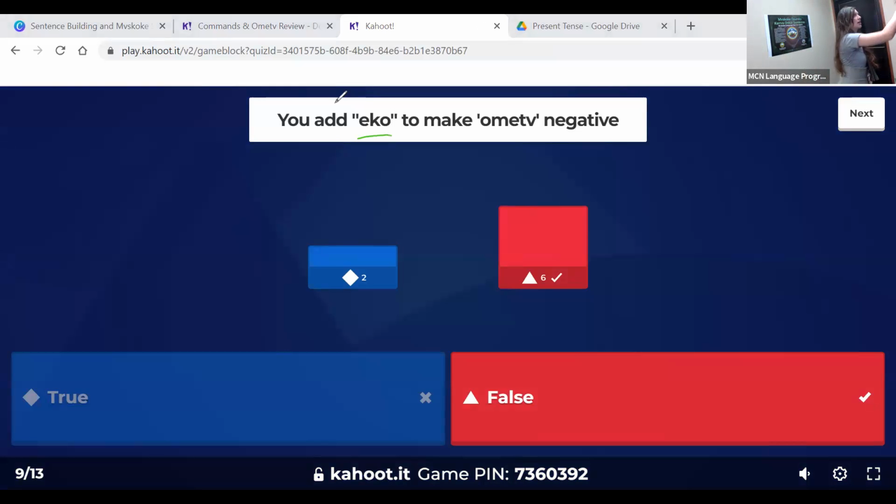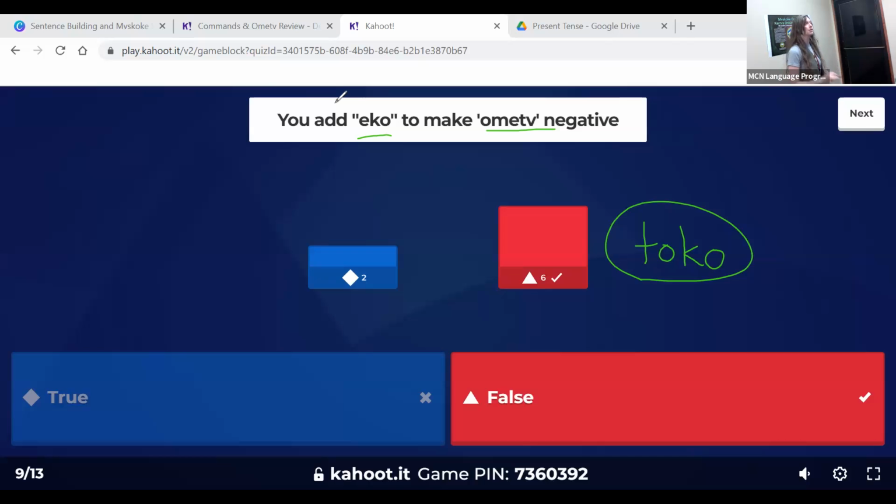Ego is something we make a negative, but it's for other verbs. For omada, we use a special one. We use dogo. So we don't use ego with omada. The only time we're going to see ego maybe with it is when it's used as an auxiliary, which we'll go through. But as a general, just omada statement, we need dogo.